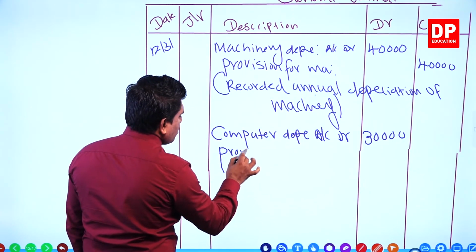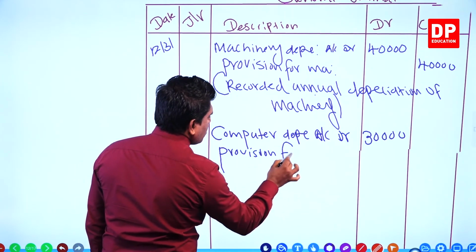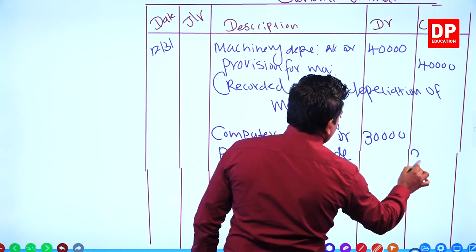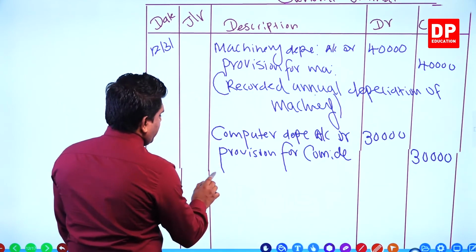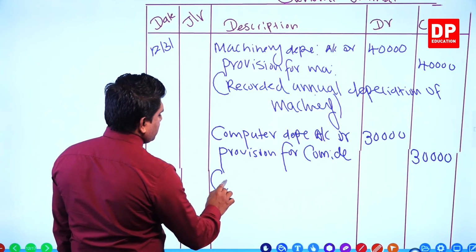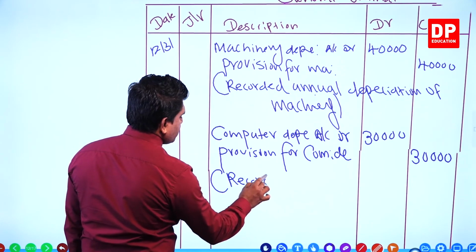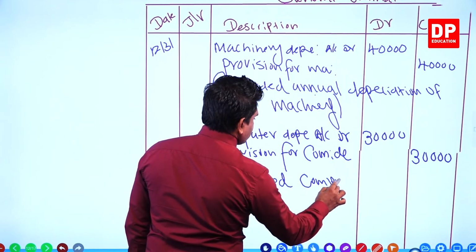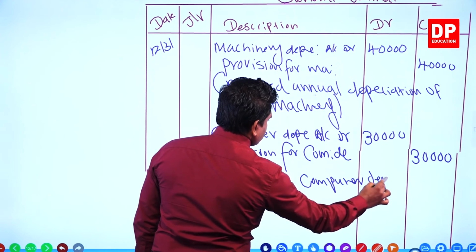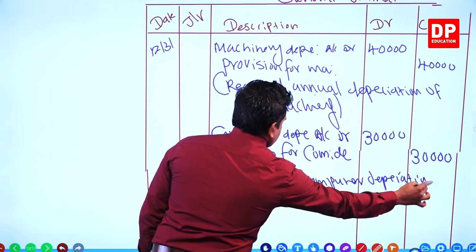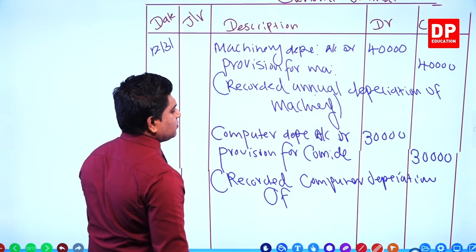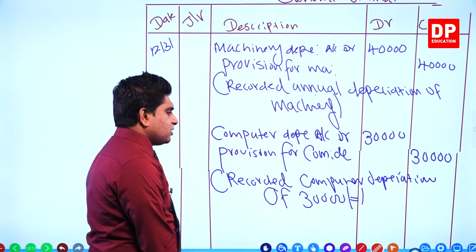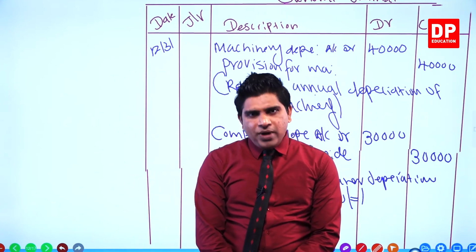Provision for computer depreciation account credit 30,000. Narration, you write: recorded computer depreciation of 30,000. Right? 30,000.